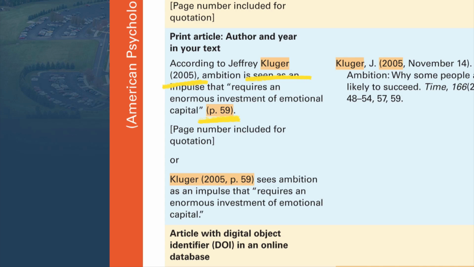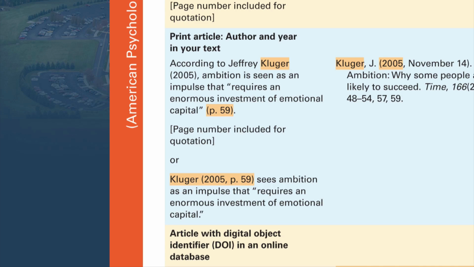According to Jeffrey Kluger, in this case we know the author's name in your sentence, therefore we don't have to put it in parentheses. And the writer decided to put the date after the author's name, which is also a different way you can do it, and it's fine. All these ways are correct. It's totally up to the style that you want.